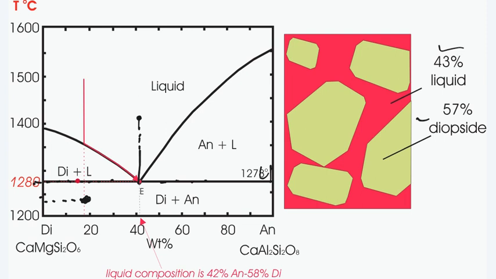For dioxide 82, anorthite 18, it is below 1274 degrees. If you raise the temperature, it will eventually touch 1274 degrees. You take any solid in this region, irrespective of composition, all will start to melt at 1274 degrees.